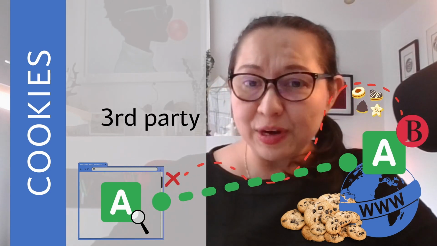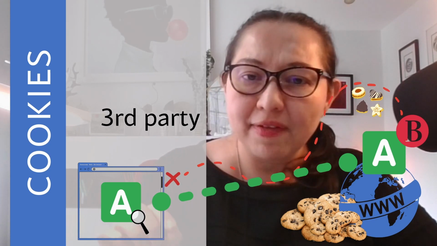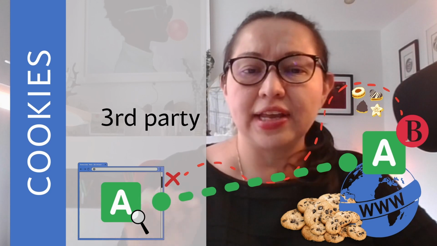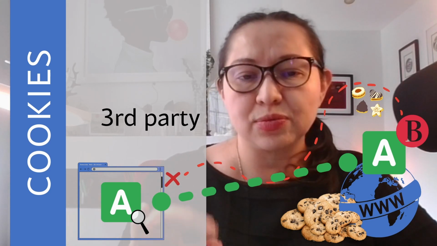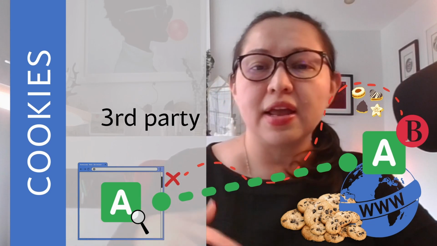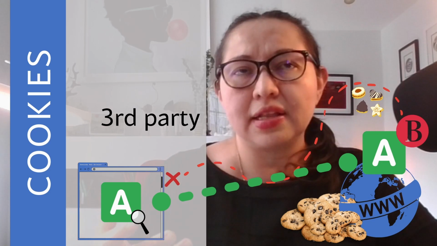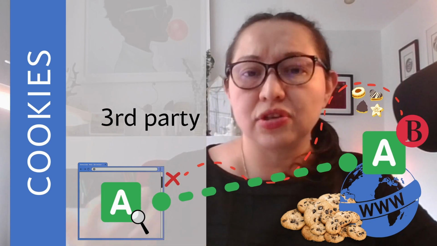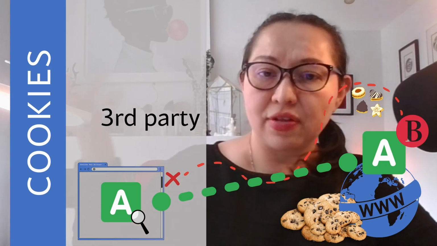Now there are third-party cookies, and these are the cookies that, if we have the option, we should deny. So what is a third-party cookie? As we saw in the example of site A, I'm visiting a.org. Maybe this website is using social media or is using images from another website.